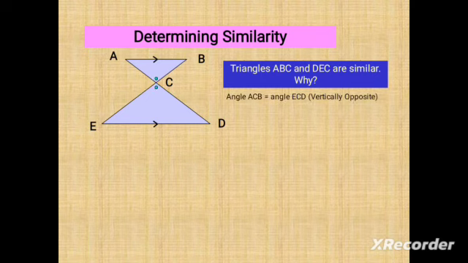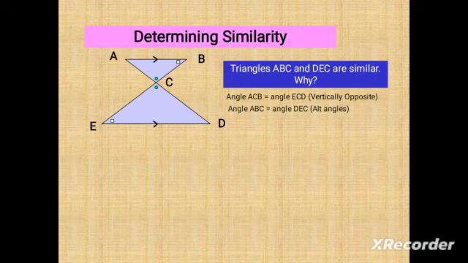Now we can say that angle ACB is equal to angle ECD because these two angles are vertically opposite to each other. Again, angle ABC is equal to angle DEC.